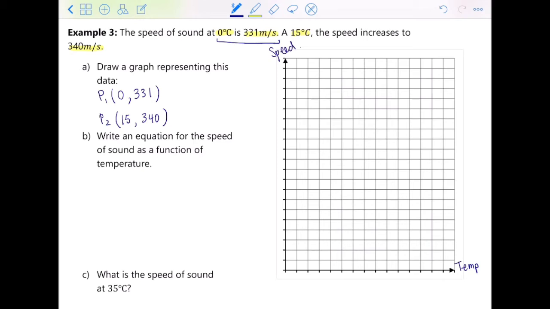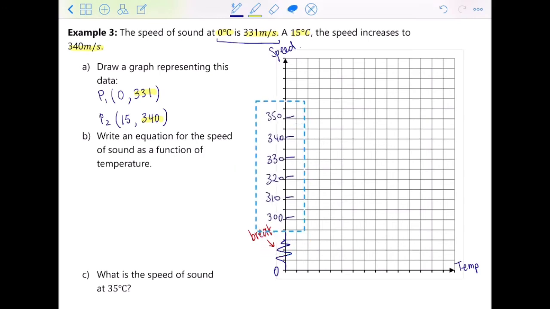All right, so this time I actually would like to use a break in the graph. So a break looks something like this. So this indicates there's a jump in the increments. So this is called a break. We can start with 300. So let me paste this over here.